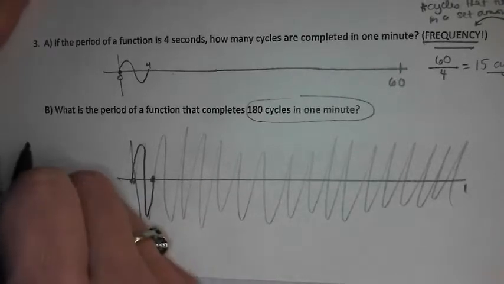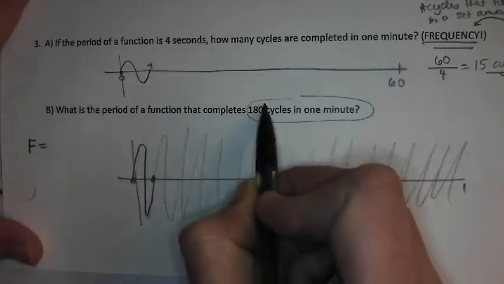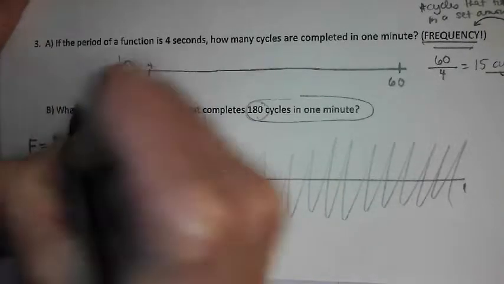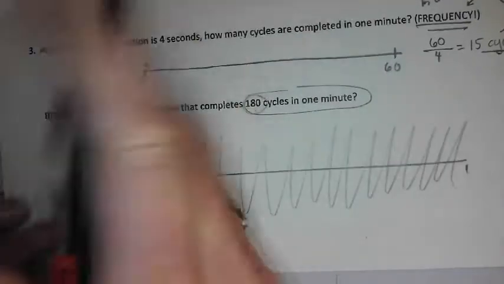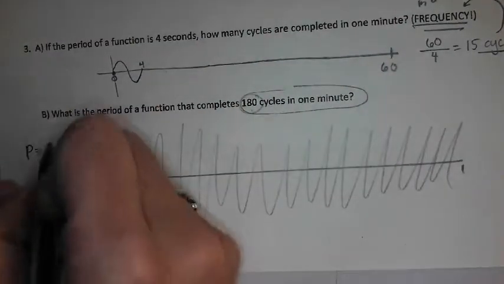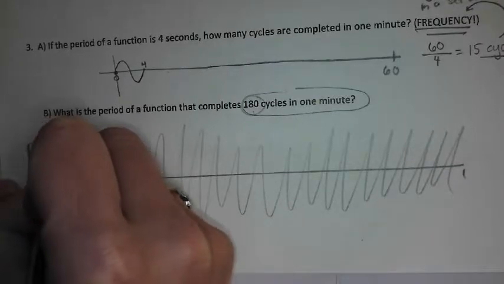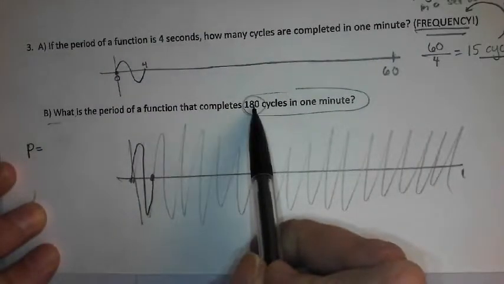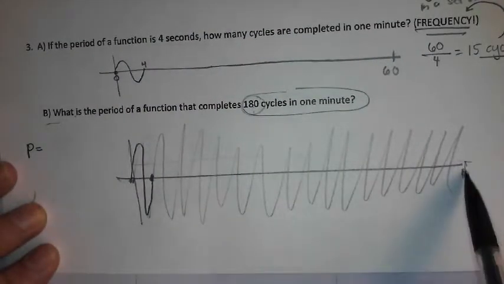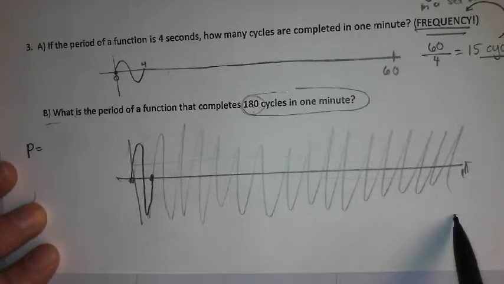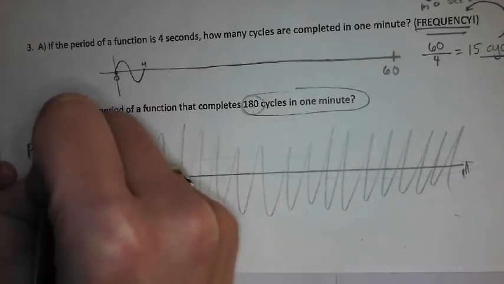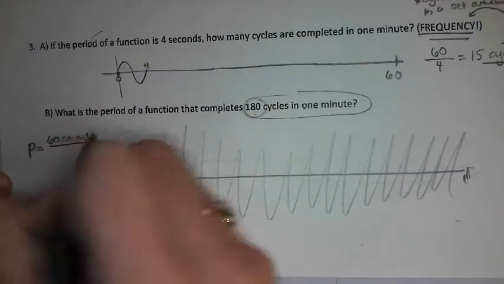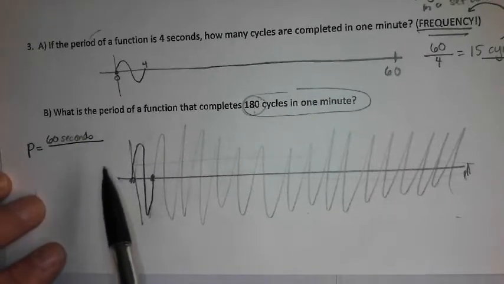So how did you get that? You did 60 over 180, right? You did the 60 seconds divided into 180 parts. Right, right.